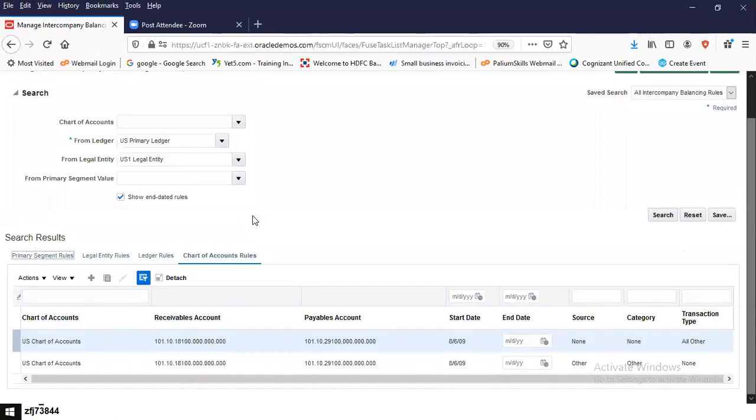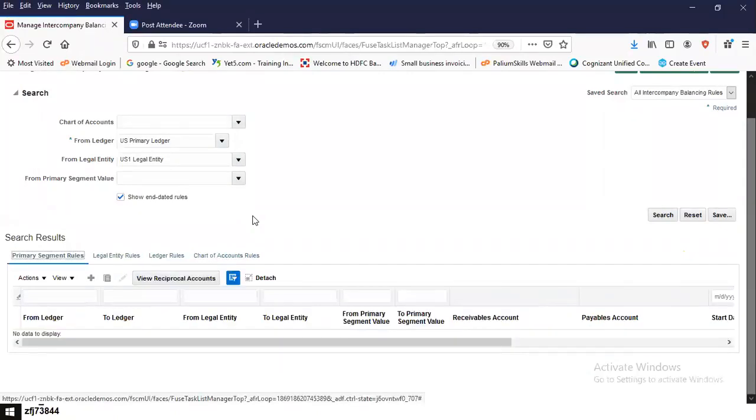Nothing else. I think if we do a transaction, that will become easier.